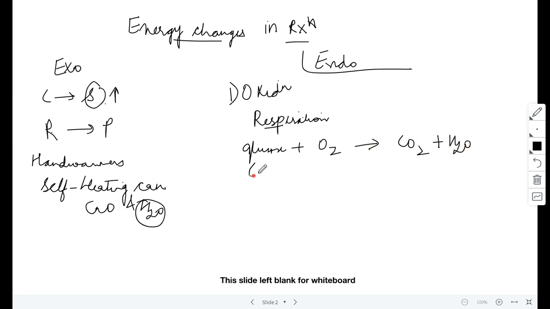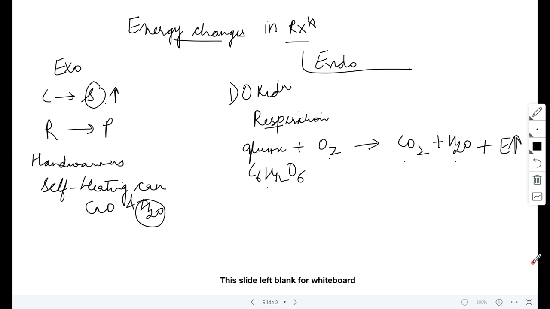What is the formula for glucose? It's C6H12O6. Now it's clear. When glucose reacts with oxygen, it gives carbon dioxide and water, and also lots of energy is released. The thermal energy, the heat energy is released.